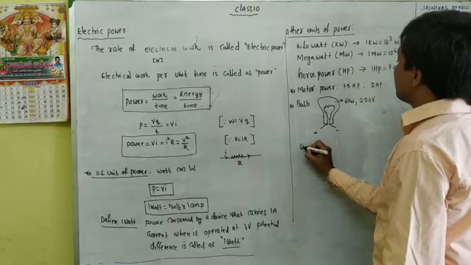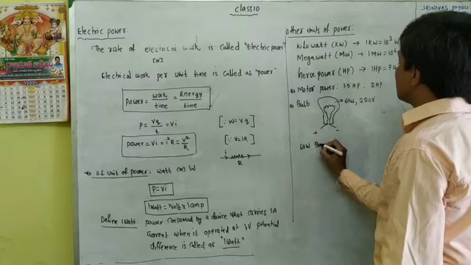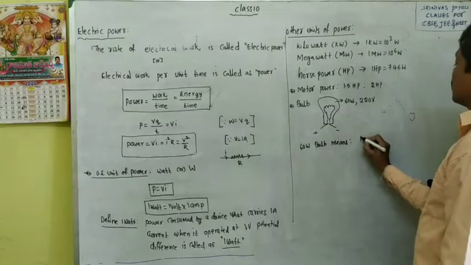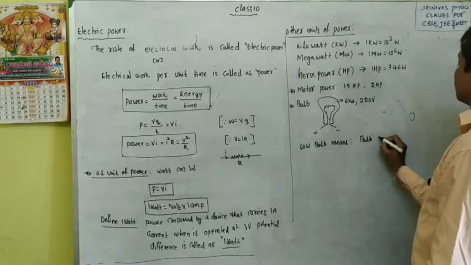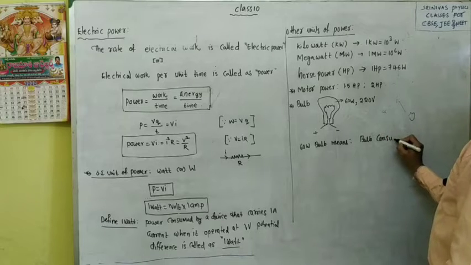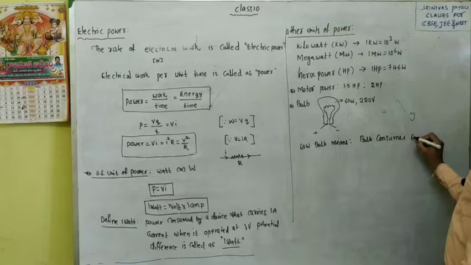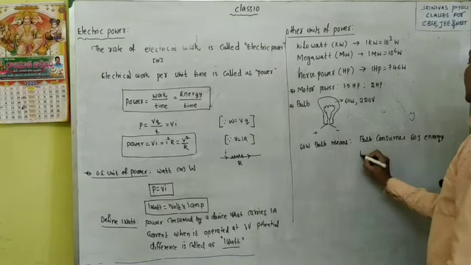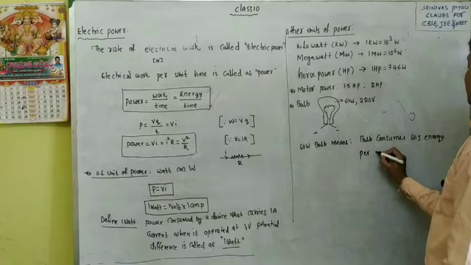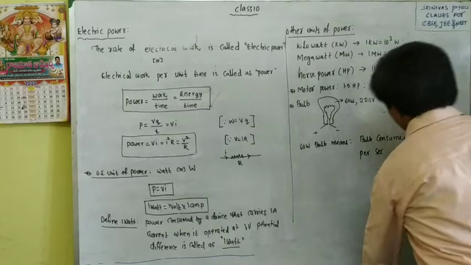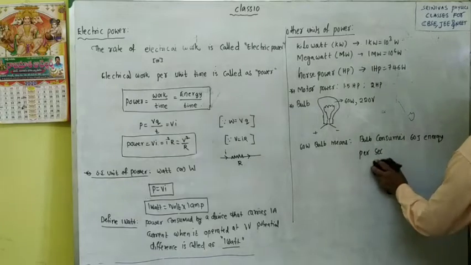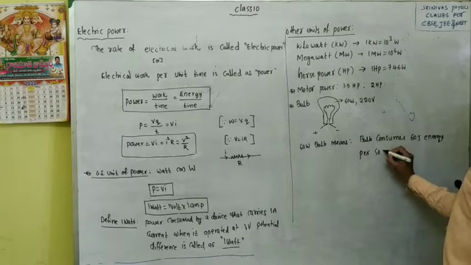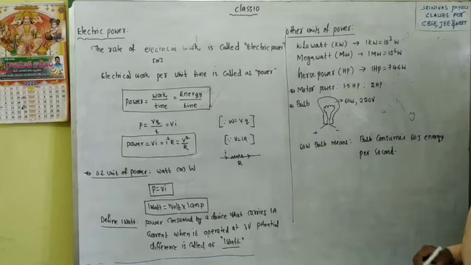60 watt bulb means the bulb consumes 60 joules of energy every second. In 1 second it utilizes 60 joules.